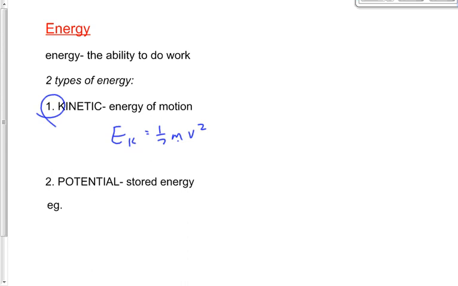Speed. Now, is speed a vector or a scalar? Scalar. And the units for speed would be? Meters per second. Good. When we multiply a scalar by a scalar and a scalar again, because it's v squared, we're going to get a scalar. So kinetic energy is a scalar. And the units that we would use to measure kinetic energy are what?